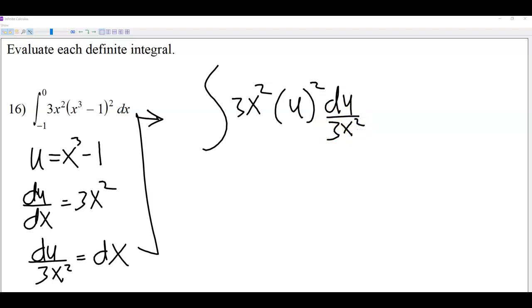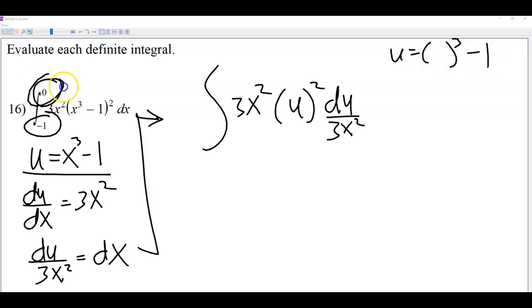Now, before I move on to the next step, we have to understand that these limits are going to change also. The way that you do that is you plug these numbers into this equation for x. So, for instance, I'm going to replace x with 0, and that will tell me what my new top number is, which is -1.